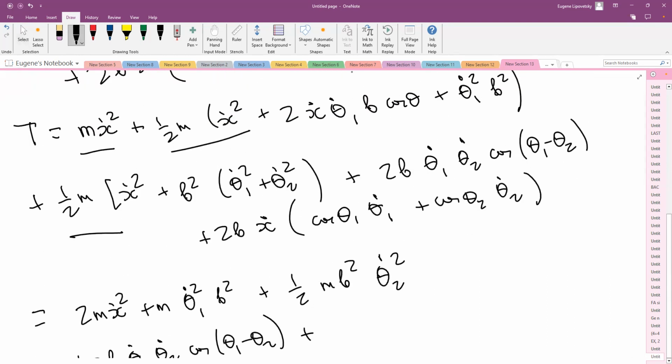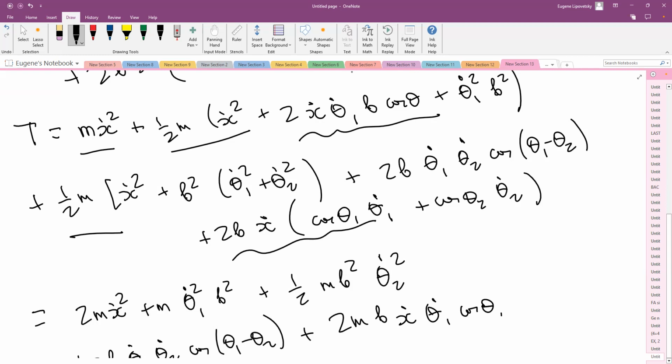It's going to be one piece here with 1/2 mass, and this one piece here, all right? So plus, 2 times 1/2 will cancel out. This is going to be 2mb x dot theta 1 dot cosine of theta 1. And what's left is this one plus 2b, oh, pardon me.